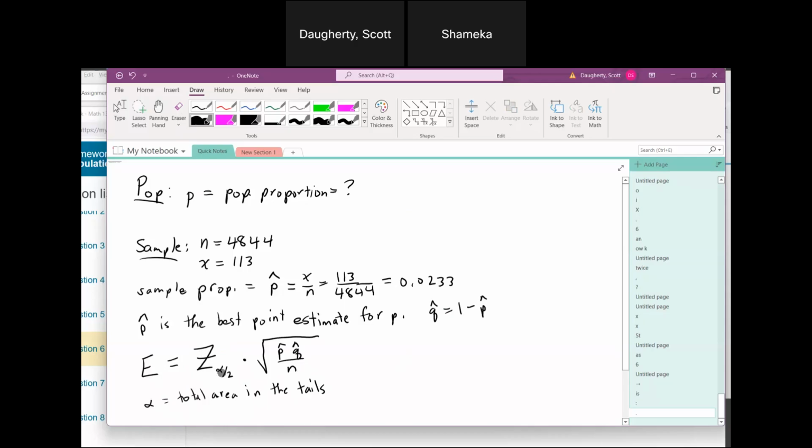And that's going to be the subscript for this Z-score. And this is the area to the right of the Z-score. So that's what the subscript stands for. It's like area to the right. Okay, I'm going to draw a picture and kind of show you how this works.